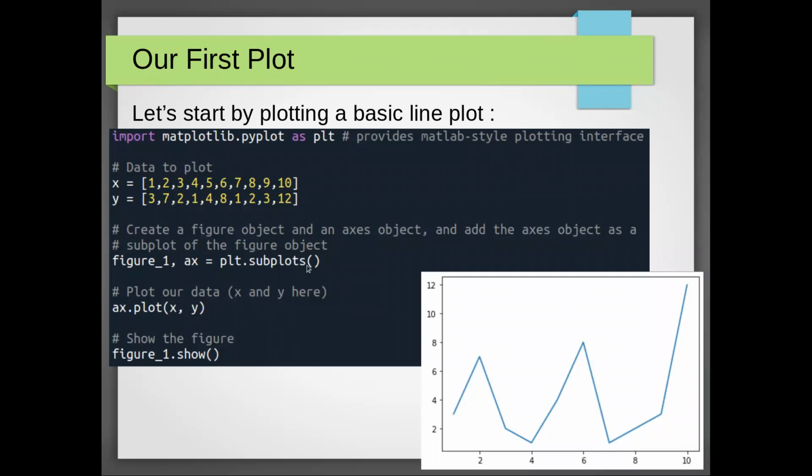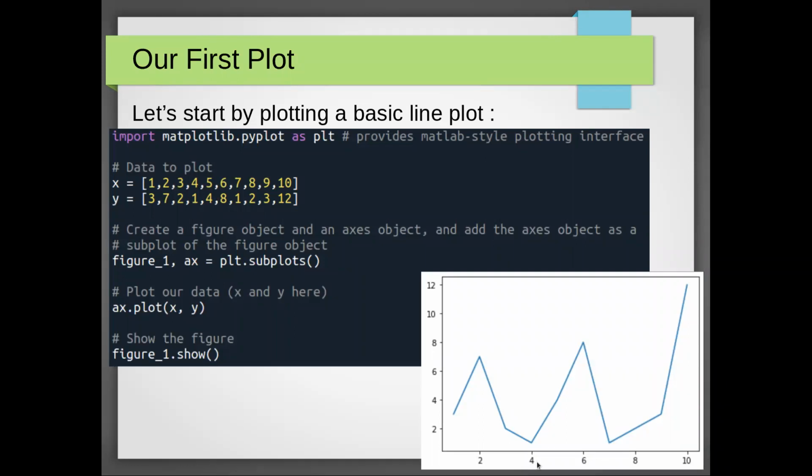So in the subplots brackets, if you wanted, say, a 3x3 plot, so you've got 3x3 graphs in your single figure, then you could put 3, 3, and that will give you a single figure with 9 different axes objects. And then you would tend to change the ax name here to axs, and that would return essentially a list of axes objects. Don't worry about that when you're starting out.